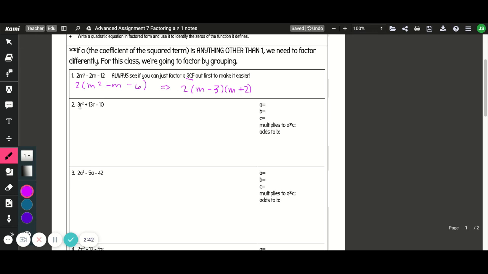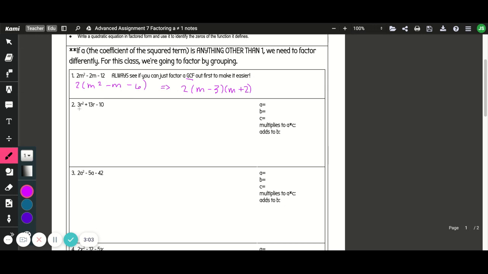If we look at this next one, I can't do that same thing because these are not all divisible by 3. So that process will not work for this problem. If that's the case, then we have to do this longer method. Let's list these out first.